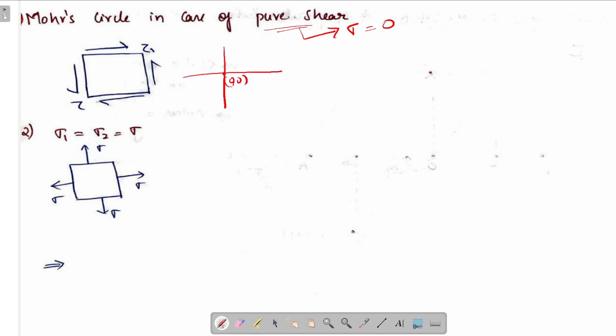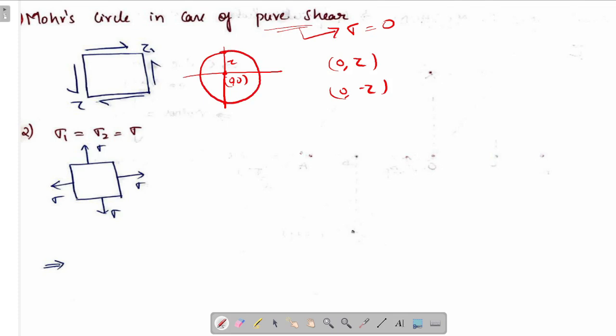So the points will be (0, tau) and (0, minus tau), according to the same sign convention we used before: clockwise is negative and anti-clockwise is positive. Plotting these two and joining them, we get the origin as the center of the Mohr circle. With tau as radius, we have to draw a circle.